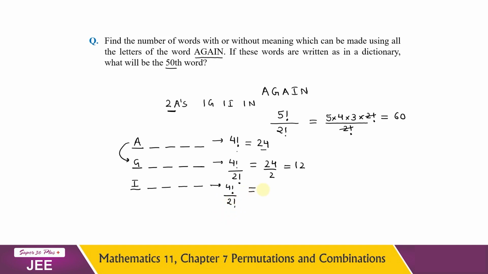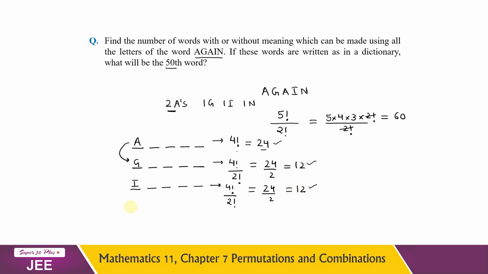So this is again 24 divided by 2, which is 12. We are done with all the words in which the first letter is I. Now we have 24 over here, 12 over here, and 12 over here. So in all we have 48 words.